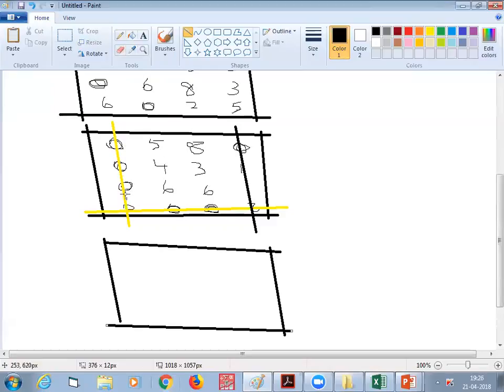And numbers covered by one line only will remain unchanged. So this remains as 0, 0, 0. These we subtract 3, so this becomes 2, 1, 3, and 5, 0, 3.